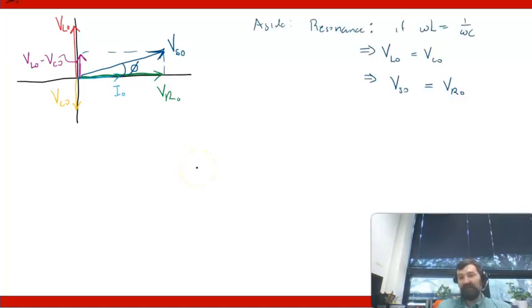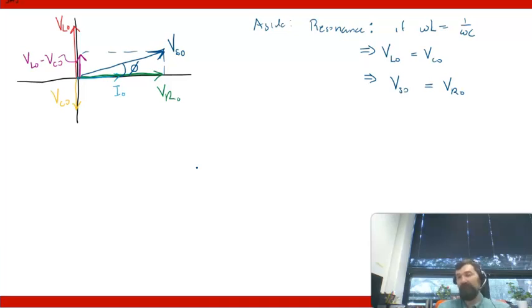Basically, if the voltage across the inductor and capacitor are both equal in peak, then the output voltage from the source just matches the voltage across the resistor. That's the consequence of this, because the other two will have canceled out, or this little VL0 minus VC0 arrow has a height of 0.